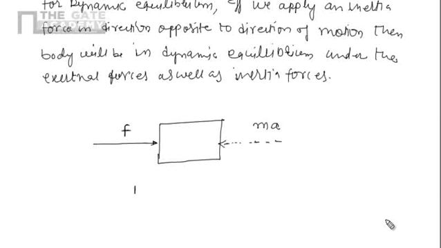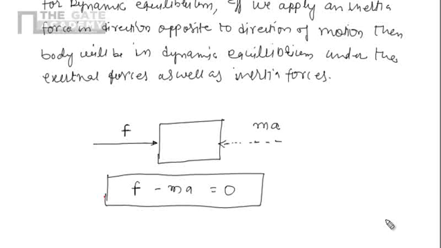So I can write F minus ma equals 0. With the help of D'Alembert principle, we can write this equation. It means the net force is 0, so we can say that it is in dynamic equilibrium. So the D'Alembert principle is very useful in solving problems based on kinetics.